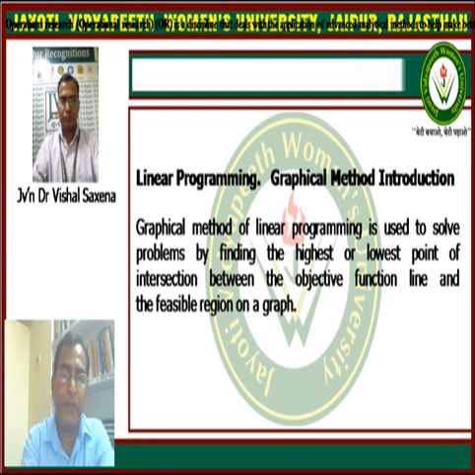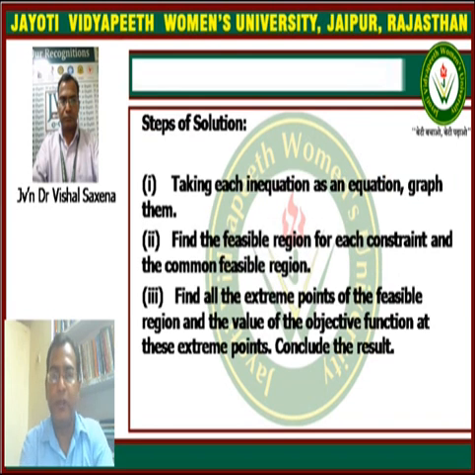First we will take all the constraints, draw them like equations, find the bounded region, and find the solution from these inequations or constraints. So the steps of solution: the first point is taking each inequation as an equation and graphing them. The second point is to find the feasible region for each constraint and the common feasible region.